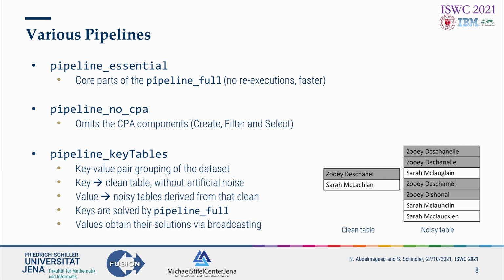Third, pipeline key tables expects a dataset that is grouped by key value pair. Keys represent clean tables or tables without noise. Values represent the noisy tables derived from the clean ones. A clean table is solved by pipeline full, while the noisy tables obtain their solutions from the corresponding clean table solution via broadcasting, like the figure on the right.